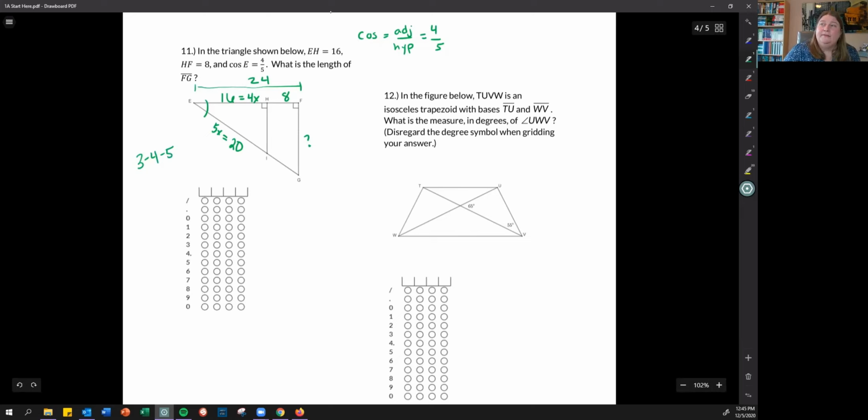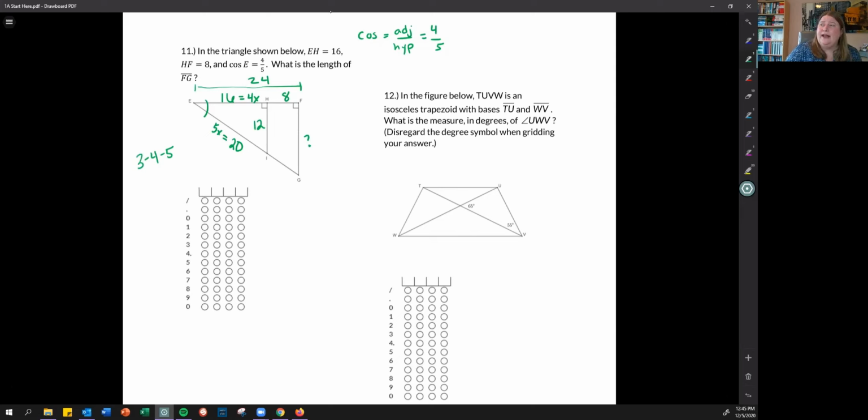When you have sides of a triangle that are in the ratio 4 to 5, with 5 being the hypotenuse of the right triangle, you know that that third side is going to be a multiple of 3. So if this is 4 times 4 and that's 5 times 4, I know this is going to be 3 times 4. 3 times 4 is 12. So I figured that out using Pythagorean triples.